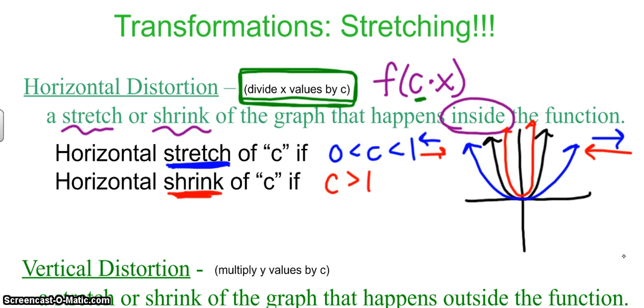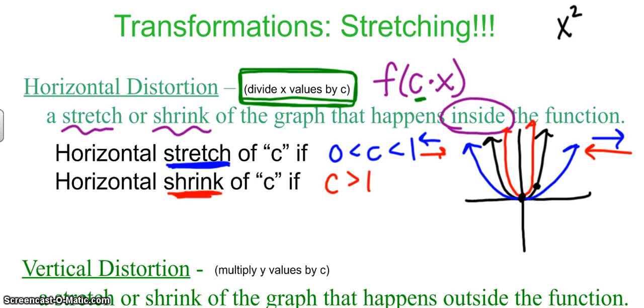But now you might be still saying, well, what does that have to do with dividing your x values by c? Well, it all goes back to that parent function of where points are happening. So, for instance, on a parabola, if I were to plot the point 1, 1, that exists on our parent function, which is just x squared.